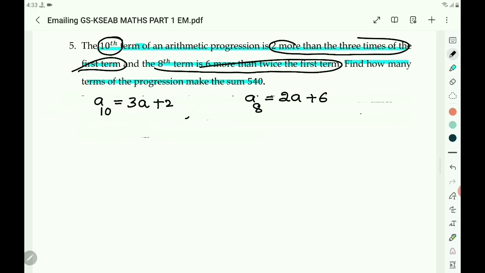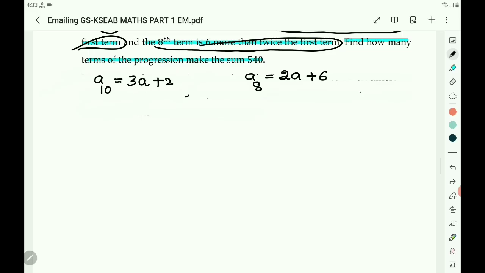Here we have to find how many terms of the progression make the sum 540. First you take a10 equals 3a plus 2. a10 is a plus 9d equals 3a plus 2.